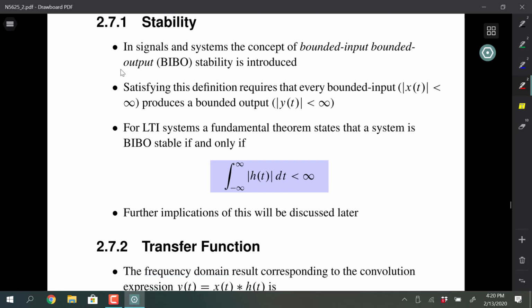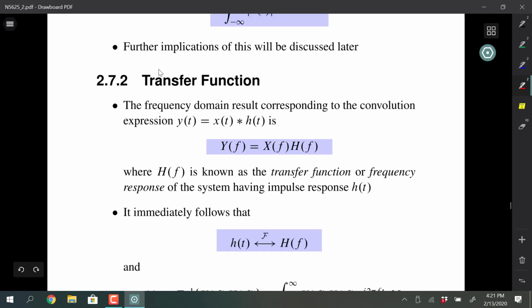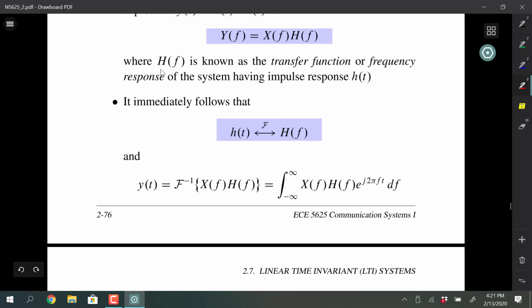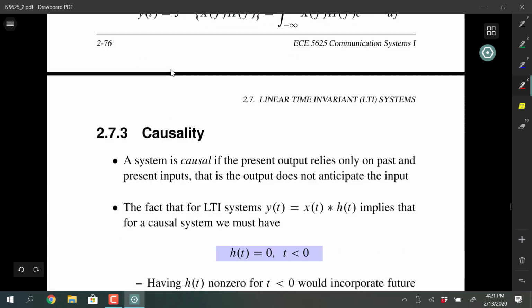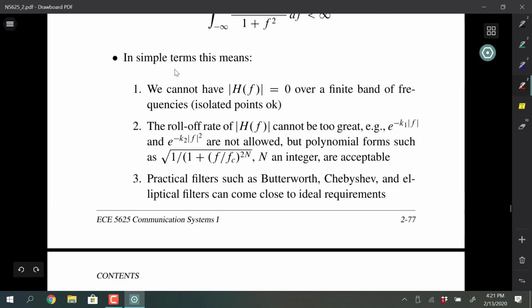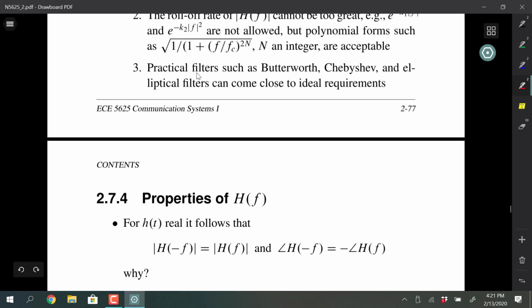And then we go on to talk about some other properties: stability, transfer function by using the convolution theorem, and relationship between impulse response and frequency response, causality. So the next assignment is going to have some of these types of things on it: filters, impulse responses.